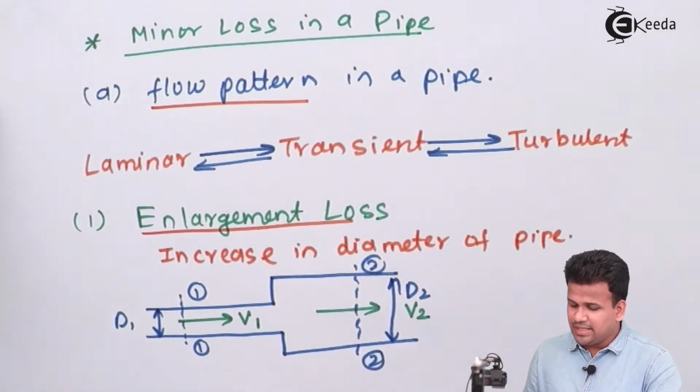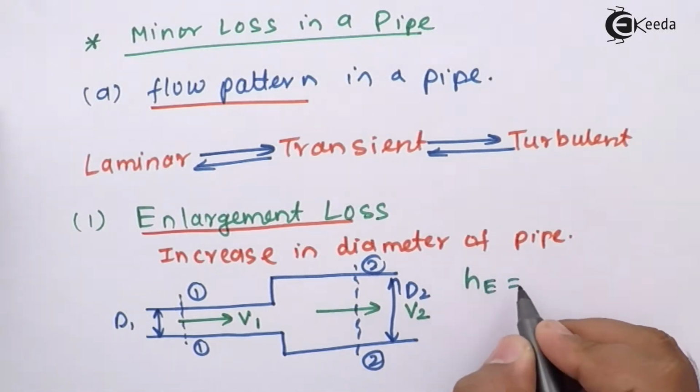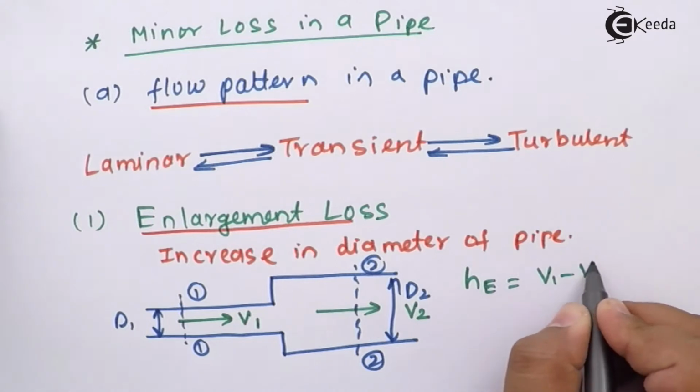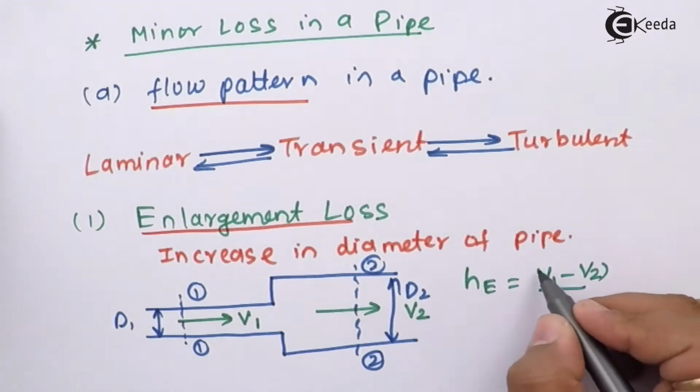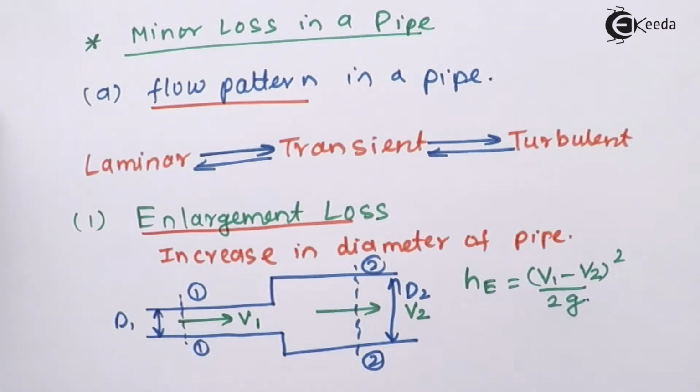So now the enlargement loss, that is He, will be given as (v1 minus v2) the whole square by 2g. So this is the head loss due to sudden increase in diameter of the pipe. This is called enlargement loss. This will be between the two pipes when there is sudden increase in the diameter. So one of the losses we have seen is enlargement loss.